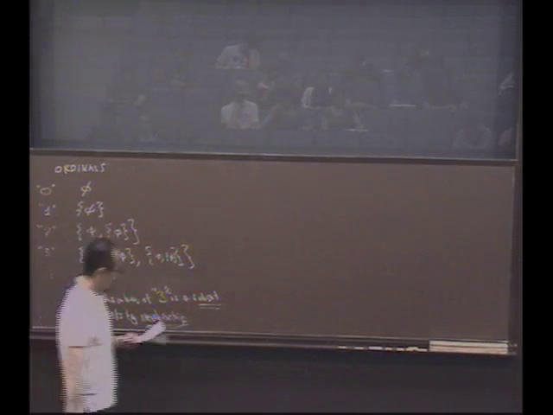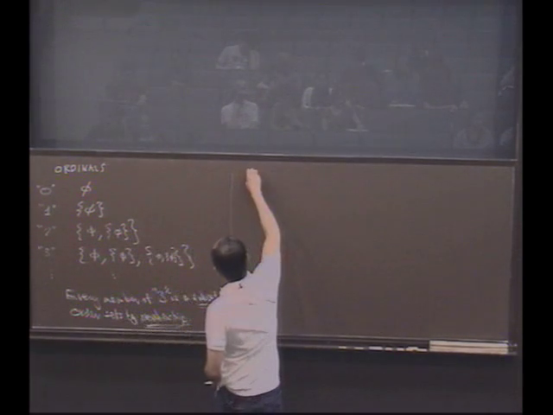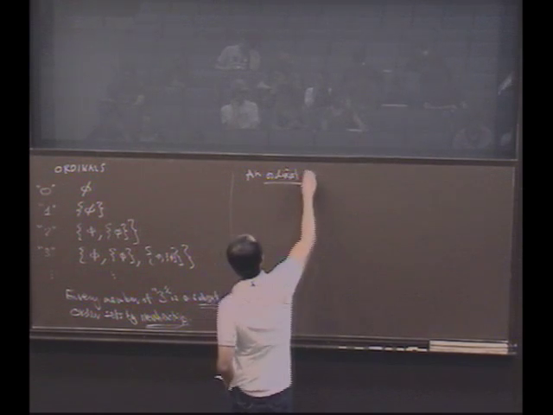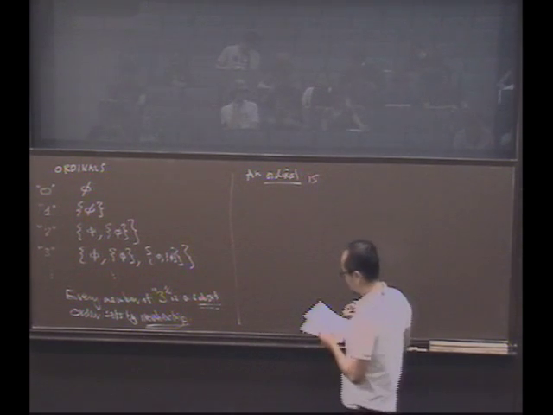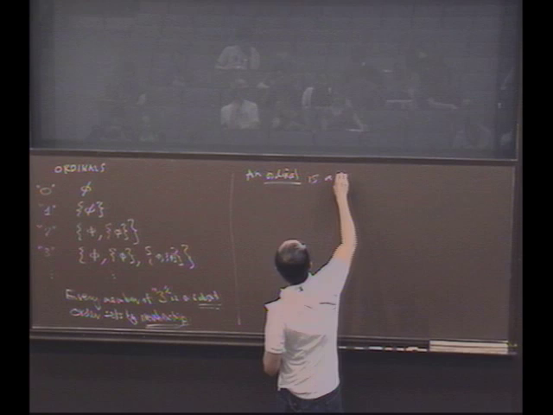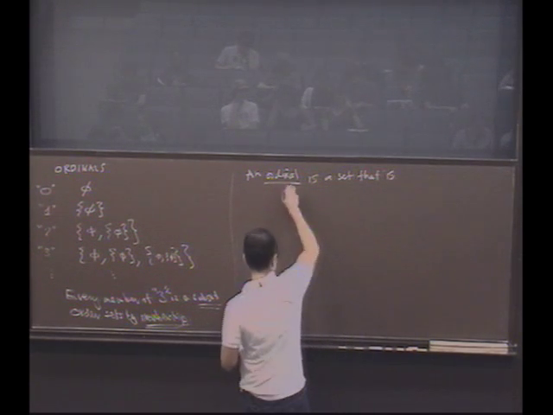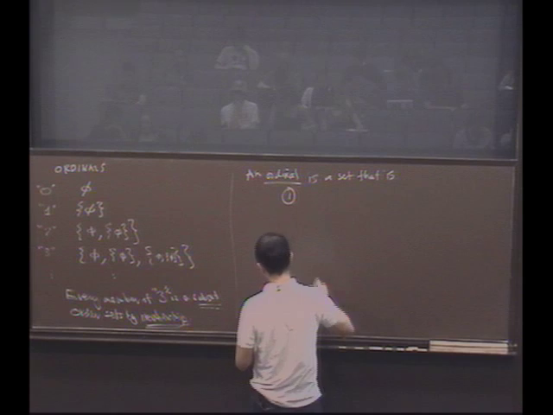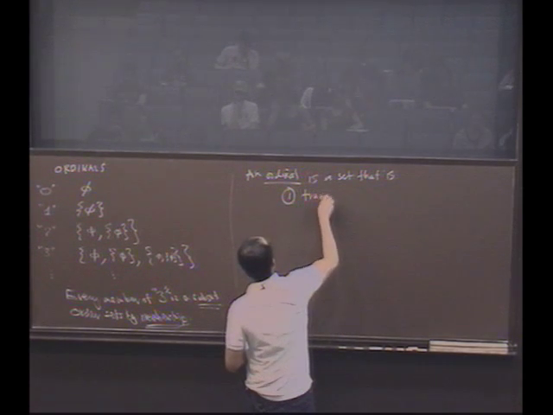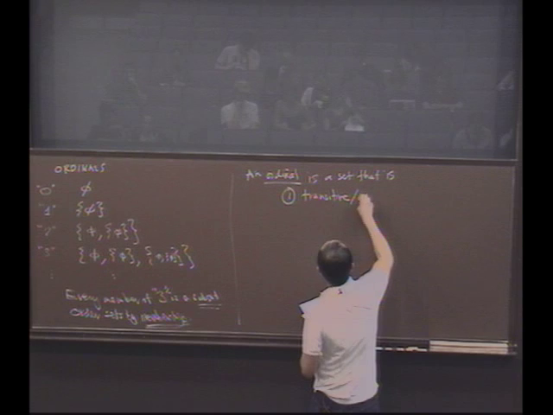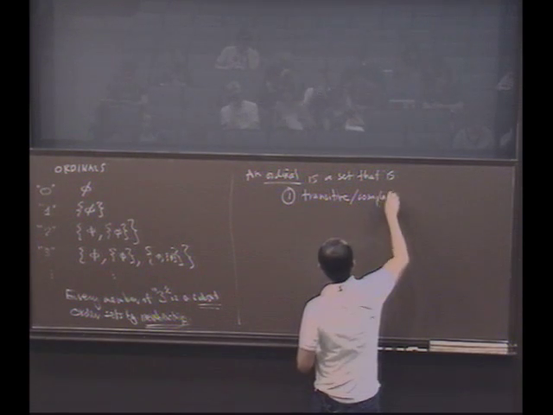So, here's our definition of an ordinal. An ordinal is, this is quite cool, a set that has two properties. First property is we're going to demand that it be transitive. Sometimes this is called complete.